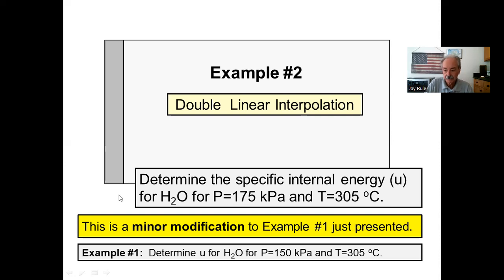Okay, in what's coming ahead, you're going to have to do a double interpolation to find U. All right, now, don't panic. I'll bet 90 to 95% of your work in thermodynamics class this semester is going to be example 1 type situations, single linear interpolation. So do not panic.